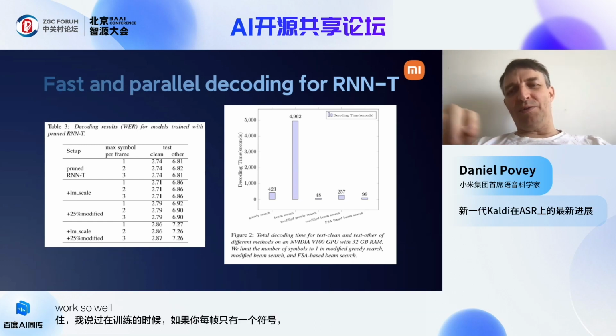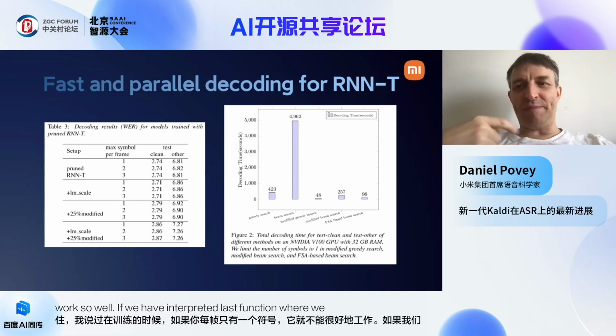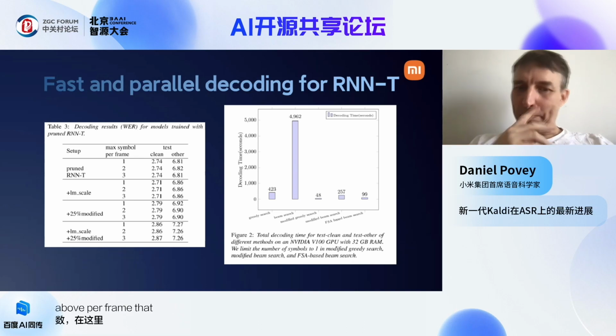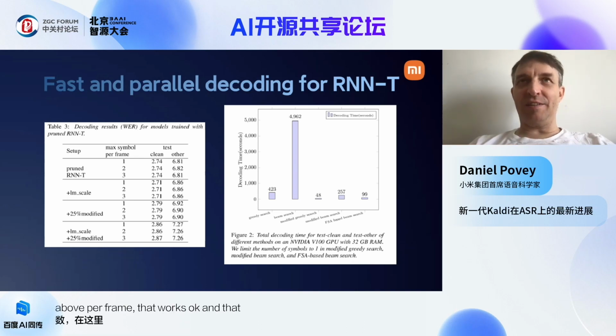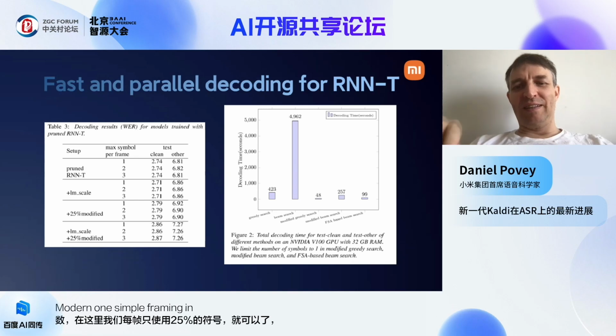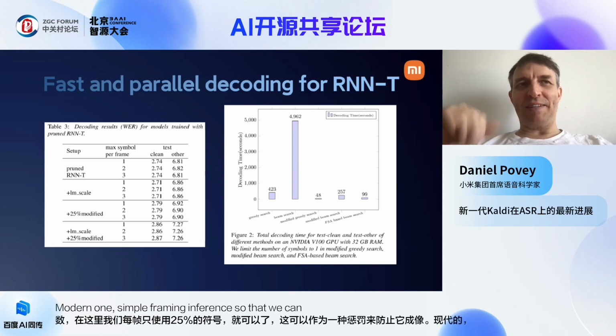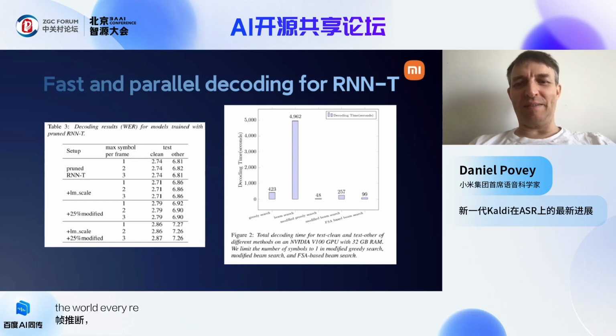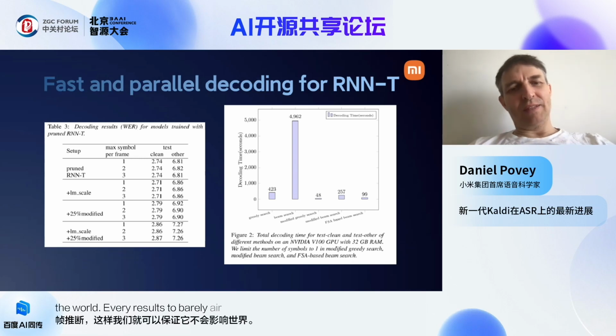Well, if we have an interpolated loss function where we just use 25% of that one symbol per frame, that works okay. And that acts as a kind of penalty to prevent it from emitting more than one symbol per frame in inference, so that we can be guaranteed that it's not going to affect the word error rate results too badly. Anyway, so that's that.